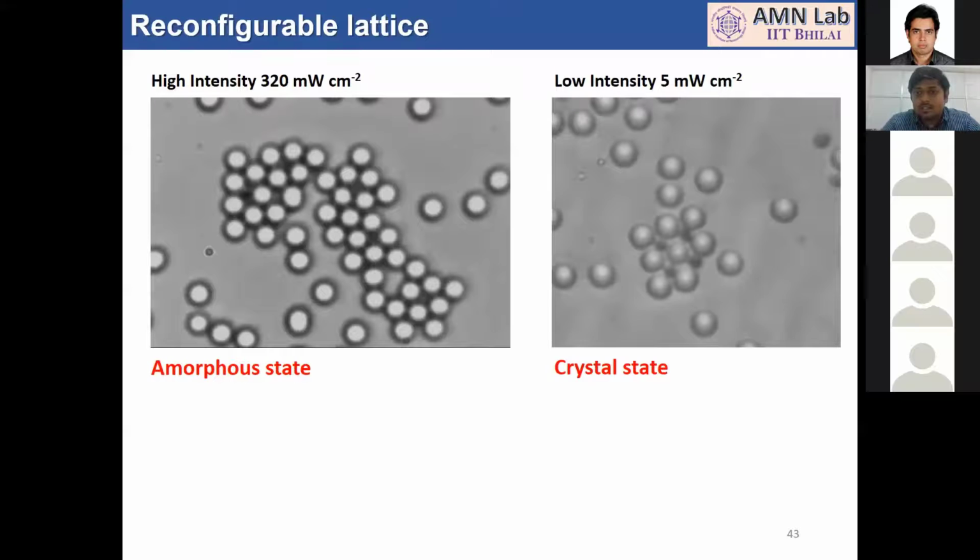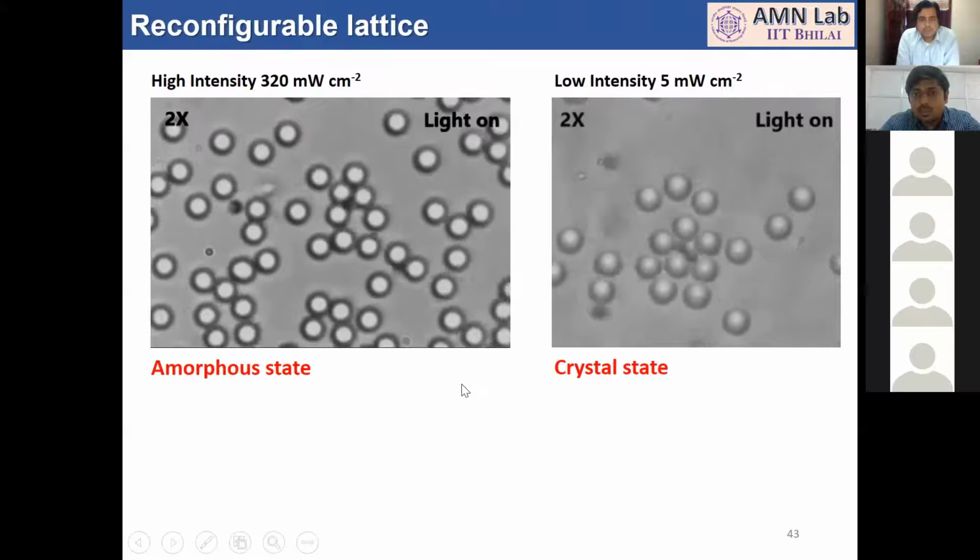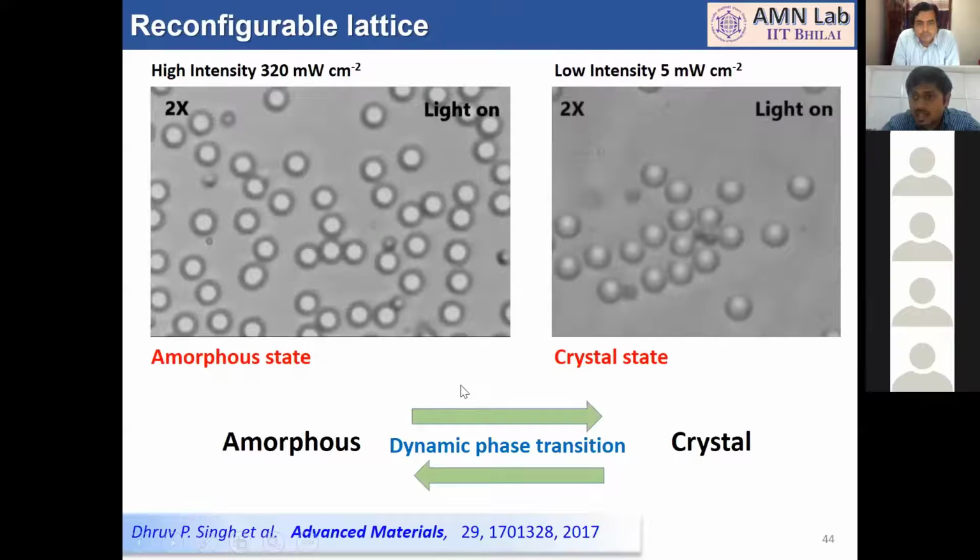So this is the interesting observation. It basically shows that we can dynamically control the lattice order of the structure by just controlling the intensity of light. If you know thin film or normal material behavior, if you grow something, then you normally grow it in an amorphous state, and if you want to crystallize it, then you have to anneal it.